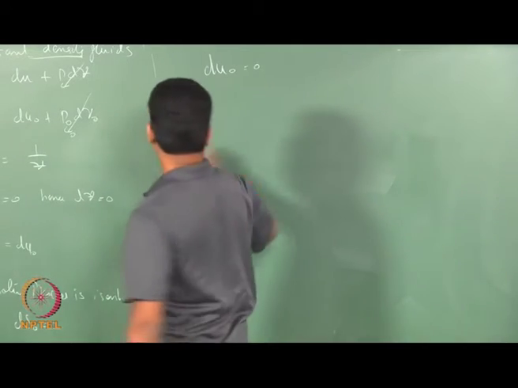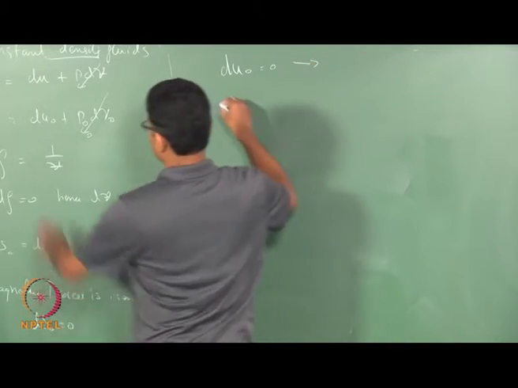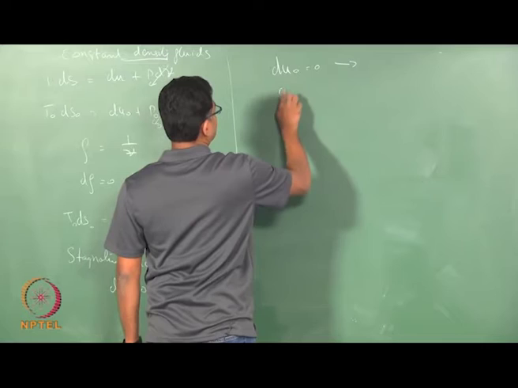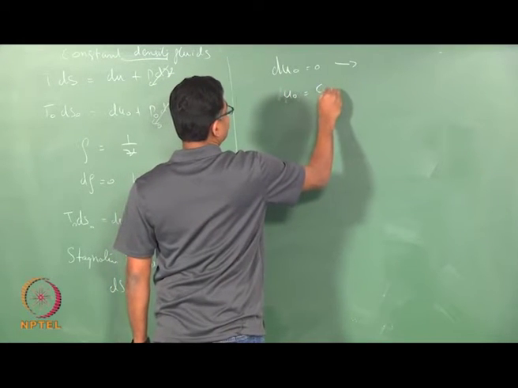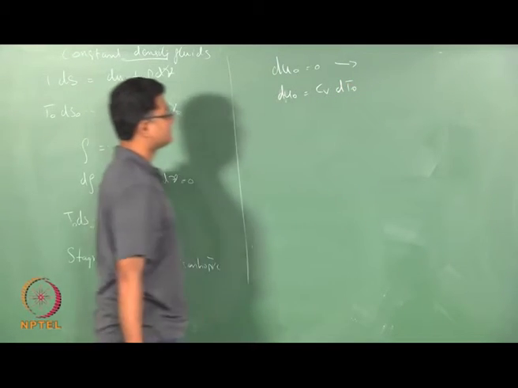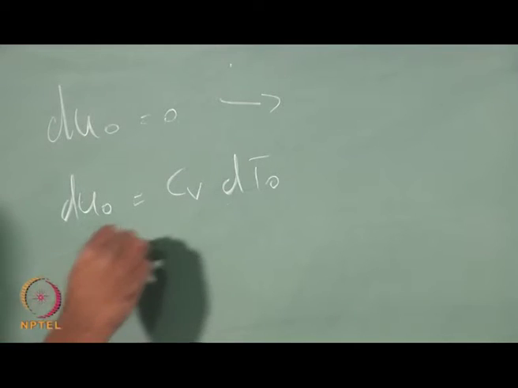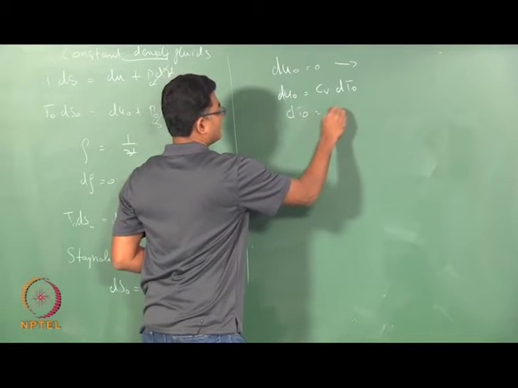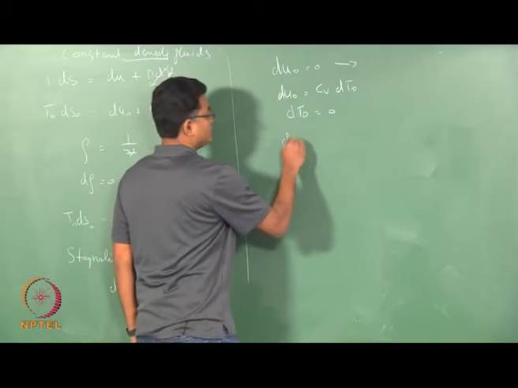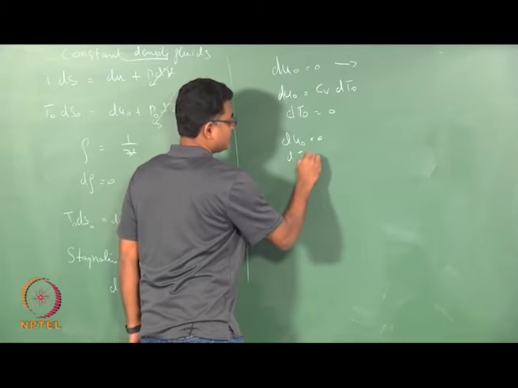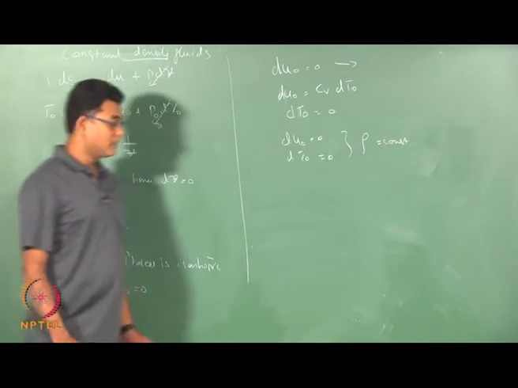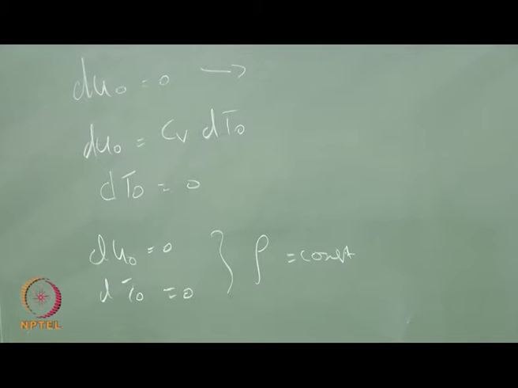So, for a constant density fluid, my u0 is Cv, du0 is Cv dT0. So, if du is 0, my dT is also 0. Okay. So, my du is 0, my dT0 is 0 for constant density fluids, for a stagnation process where my ds is 0.